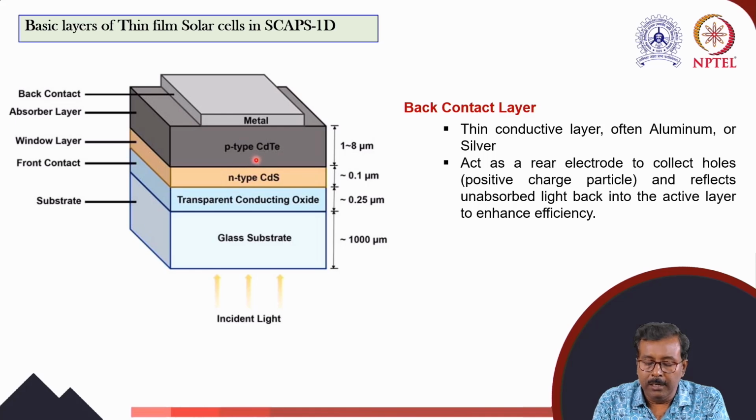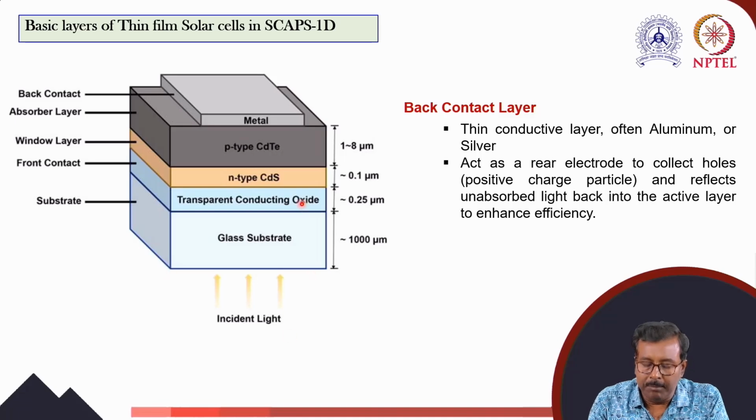On the p side there are negative ions, and on the n-side depletion layer there are positive ions, and the electric field is always from positive to negative direction, and flow of holes is along the direction of the electric field. So here electrons will be flowing downwards, holes will be flowing upwards after generation in the main absorber layer.